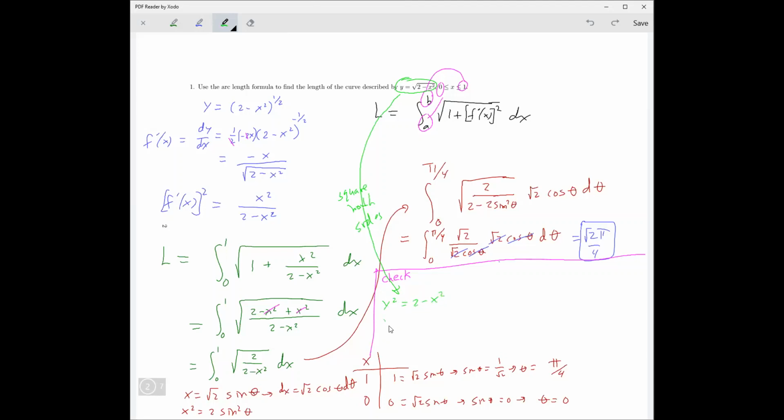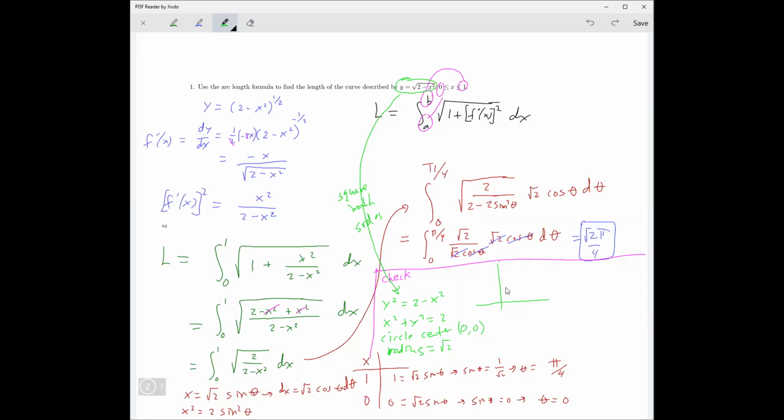And then bring the x squared over, so that's a circle with center 0, 0, and radius square root of 2.